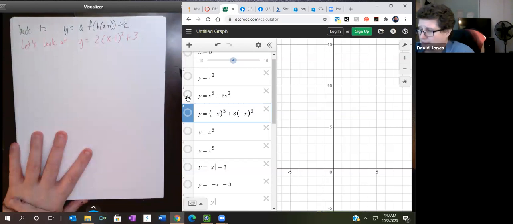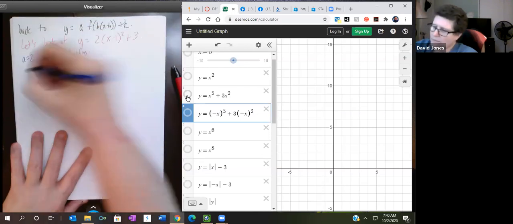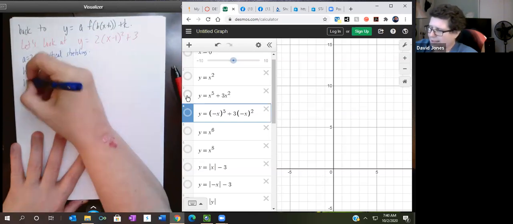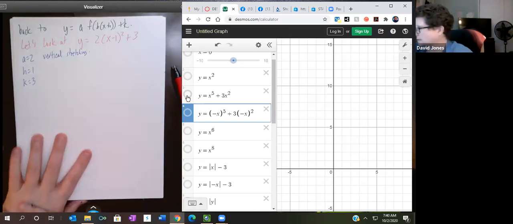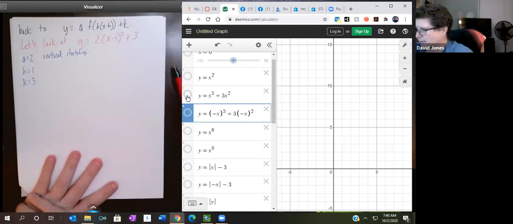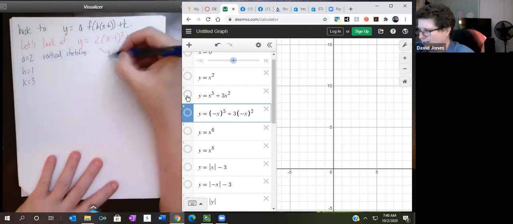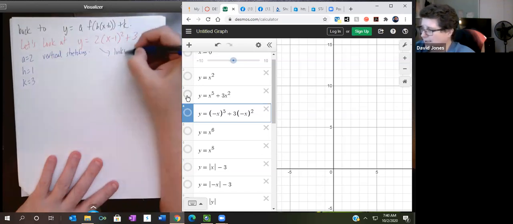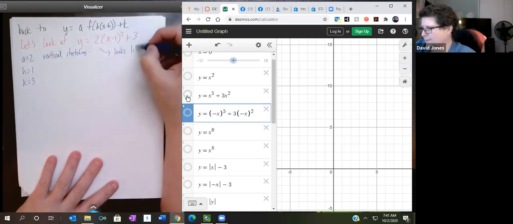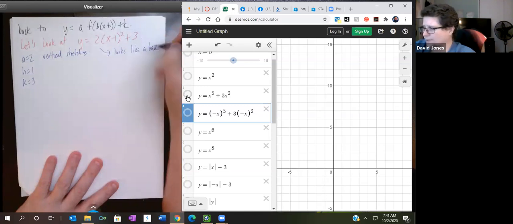If I match these up, I've got a equals 2, which was vertical stretching. h equals 1 and k equals 3. If I got rid of the 2, the negative 1, and the 3, this looks like a base graph of y equals x squared.